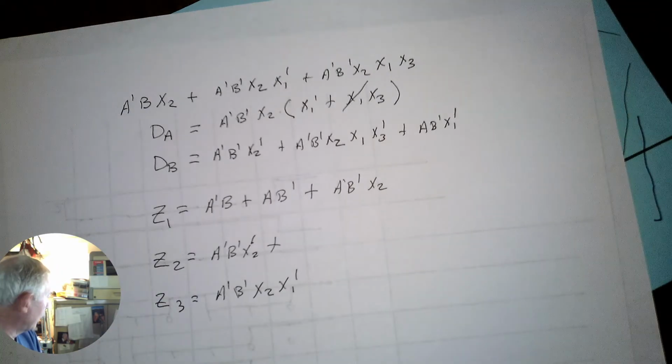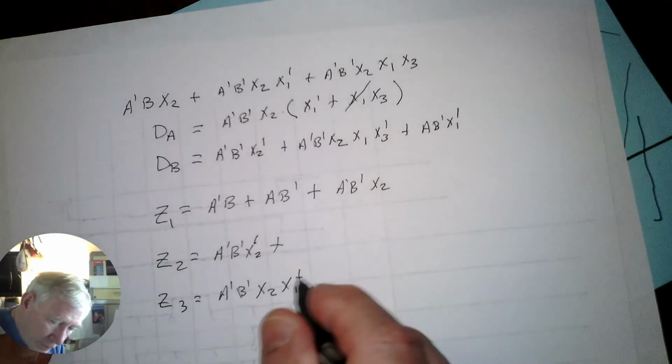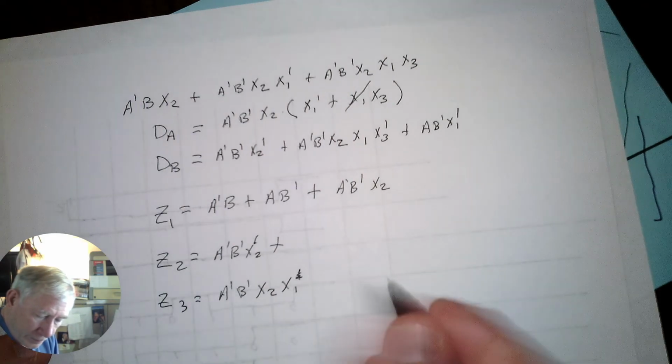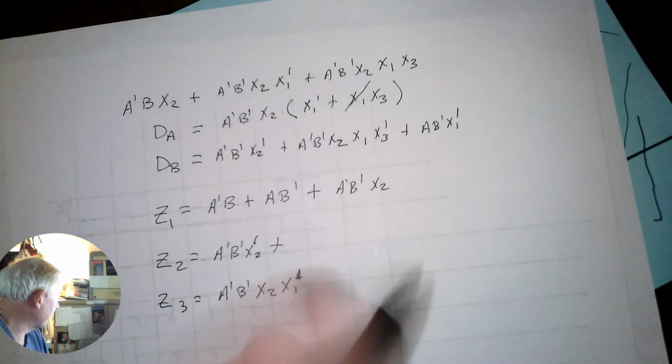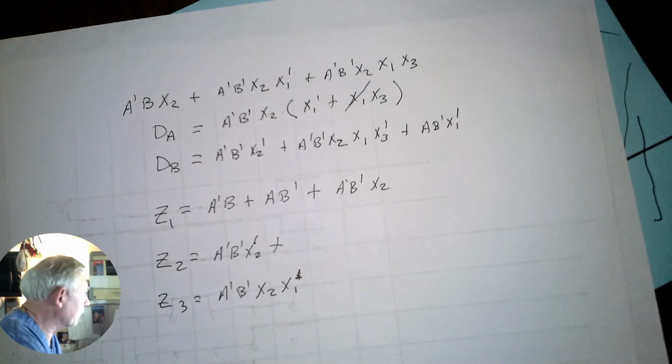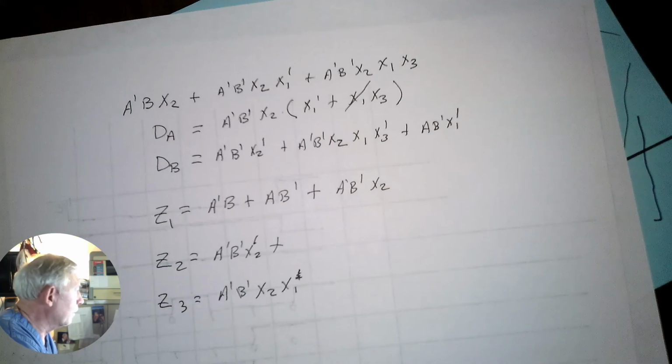No prime on X1. And that's the only time we see Z3. Okay, all right, so I think that's all of them, so you can check your work with that. But that's how we solve those.